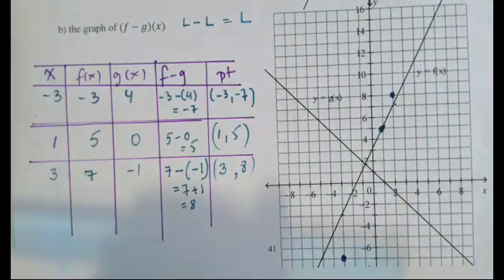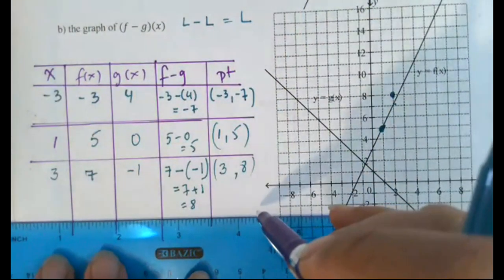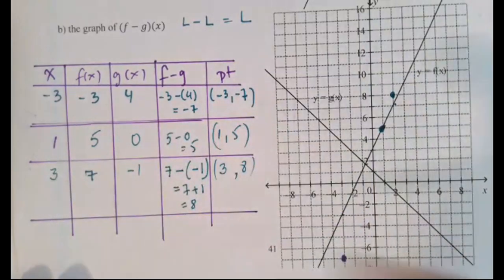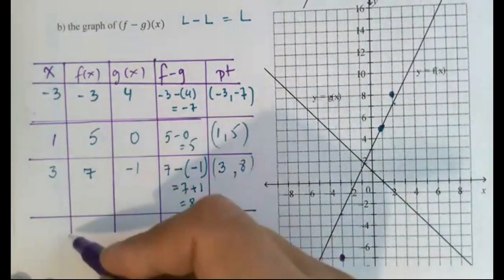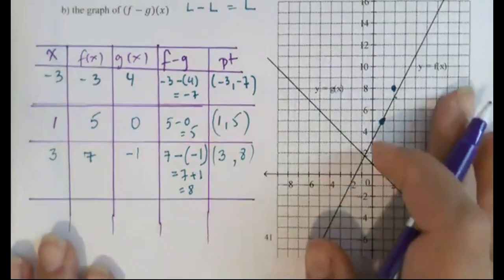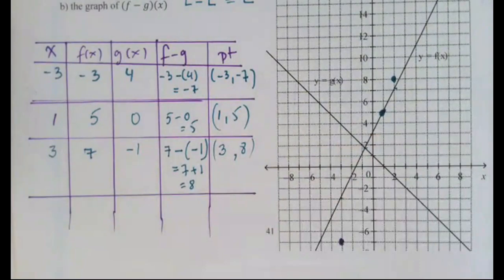Do you want to try one more? Maybe this time you can tell me every single one of these answers. I think you put your last point in the wrong spot, no? Because it's at 2, not 3.